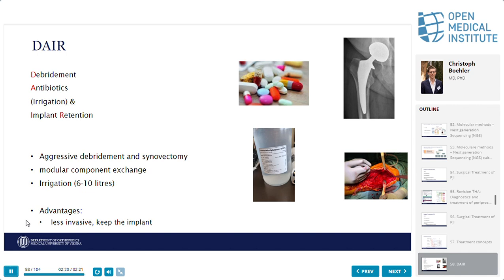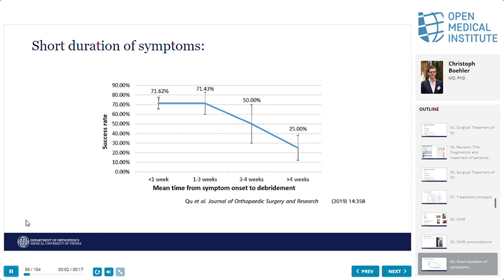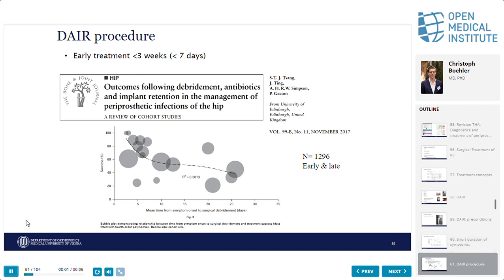Yeah. So the preconditions are that obviously the implant is stable. And now we are going to that. The critical time is 1 to 3 weeks, okay? After that, the success rate of a DAIR will decrease tremendously. And this is a review of cohort studies.